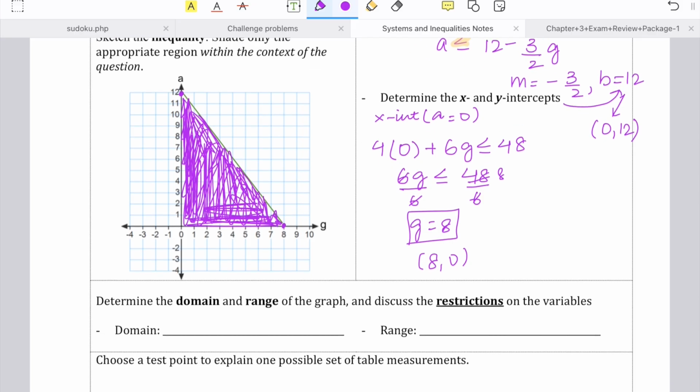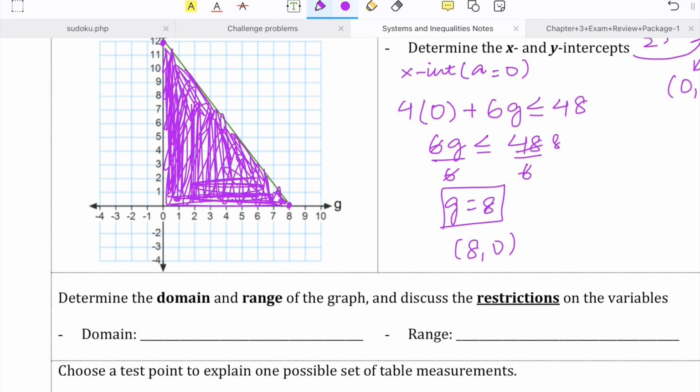State the domain and range and discuss the restriction. So it has to be greater than 0, right? So your domain is G such that it's between what 2 points? 0 and 8. 0 and 8, right? It stops there. So between, can it be equal to 0 and equal to 8?